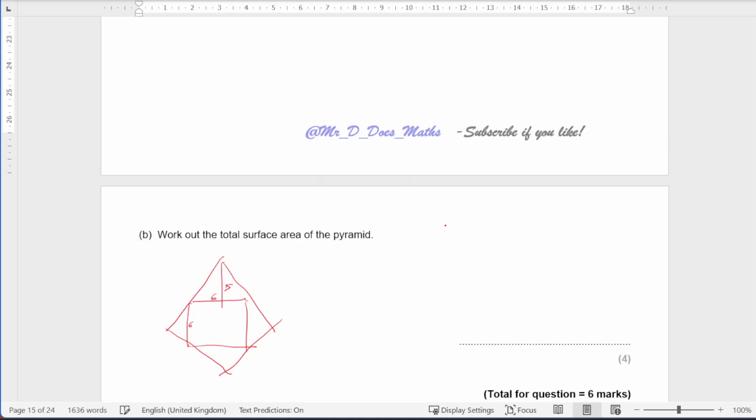So I've got a square, 6 by 6, and I've got 4 triangles, so 4 times a half of the base times the height. So that would be 36. And then 4 times a half is 2 times 30, so that would be 60. So the total surface area would be 36 plus 60, which is going to give us 96.